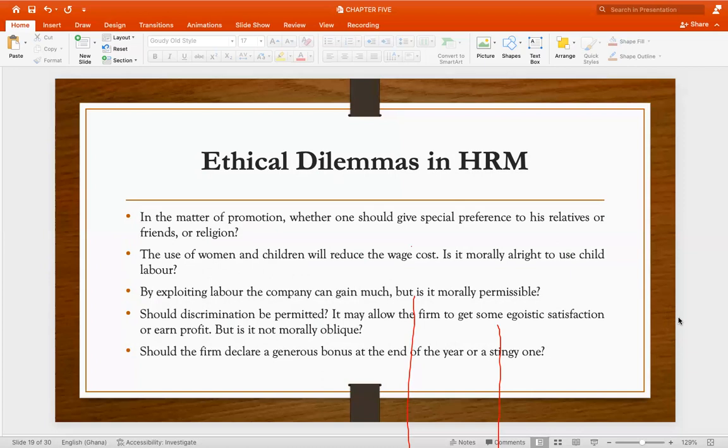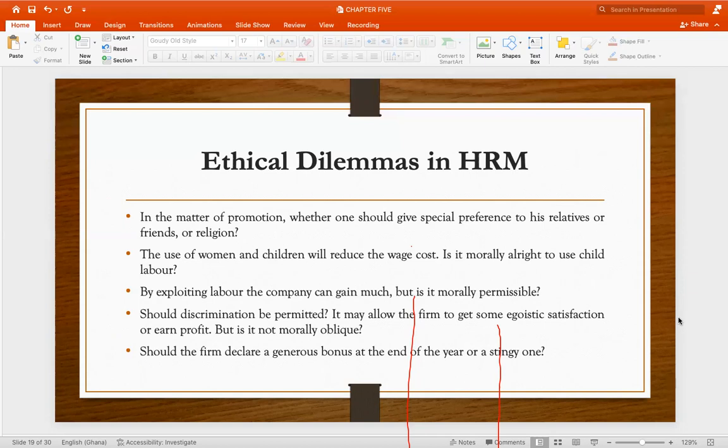So this dilemma comes in here and there. You may have a number of people who are qualified, but the vacancy might be few. So now that ethical dilemma comes in. Should I give it to this relative of mine? Should I give it to this friend of mine over this one? What criteria would you want to use?